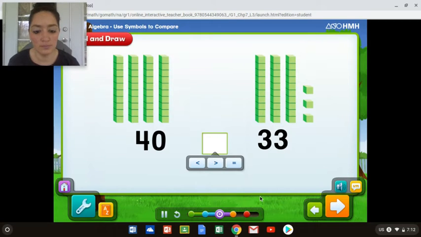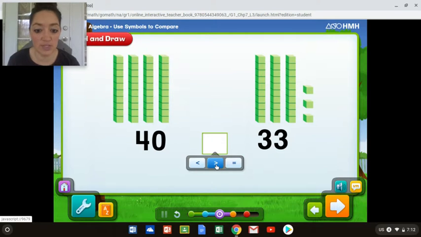Now compare the numbers using the less than, is equal to, or greater than symbols. Select the symbol to show how the numbers compare. Okay, so would we say that 40 is less than 33? 40 is greater than 33 because the mouth is open towards the 40? Or do we say that 40 is equal to 33?